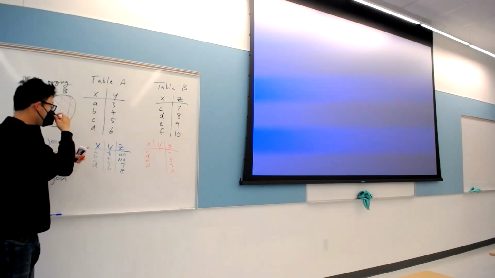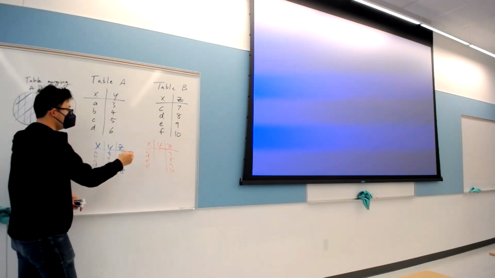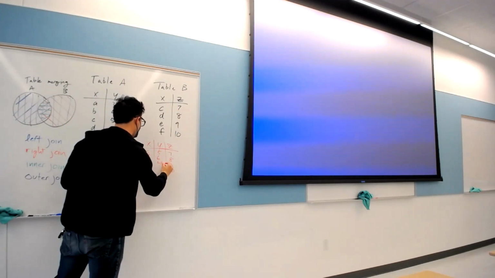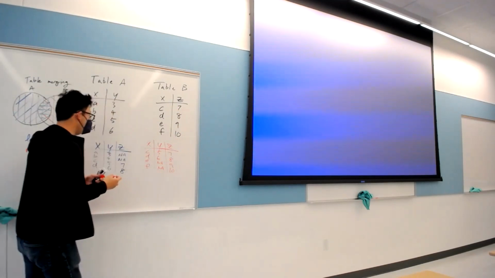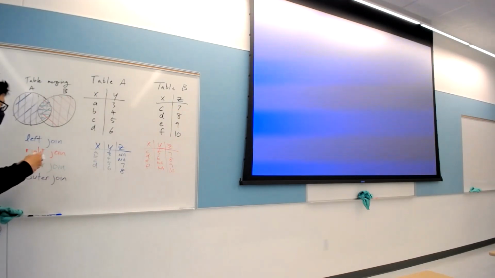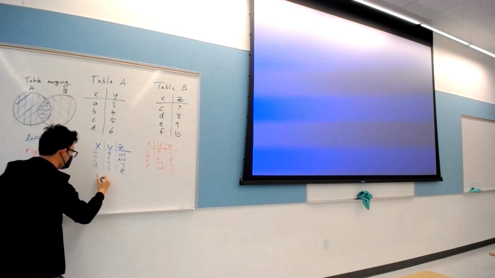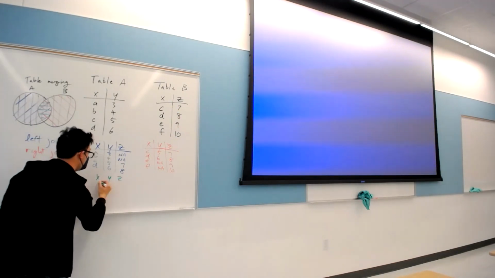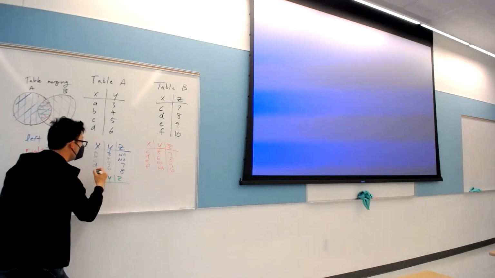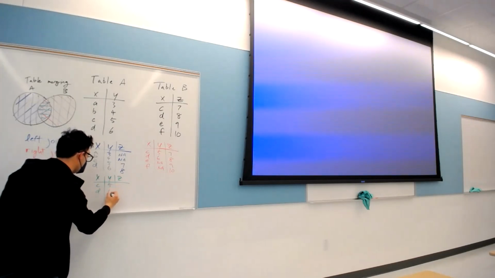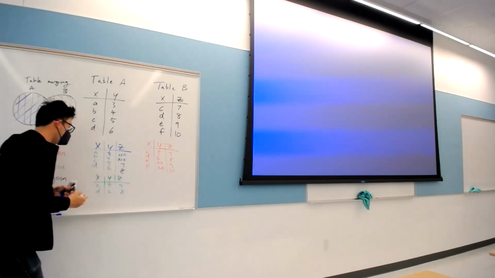And the only thing that I'm going to keep is my CD values here, which will be 5, 6, NA, NA. Okay, so the inner join, right, is just going to be the intersection here. So we'll have X, Y, Z, and this will be CD, 5, 6, 7, 8.